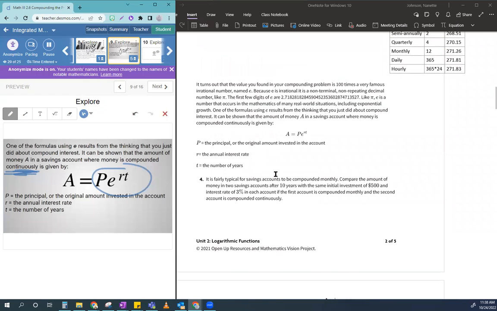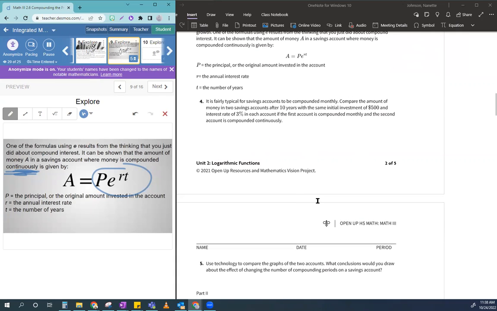Okay, so just for the sake of time, I want you to plug in the compounded continuously formula really quick right here. If you can throw into the chat what number is what, that would be perfect.